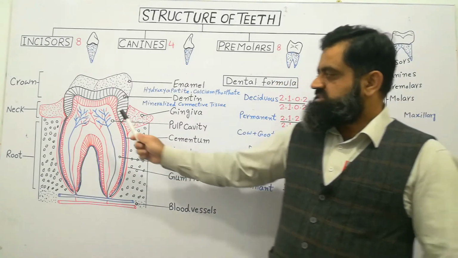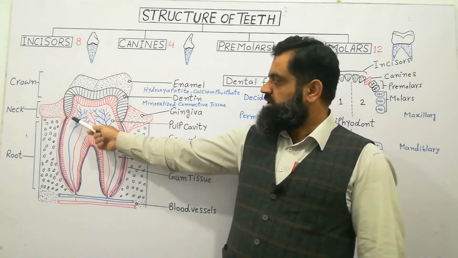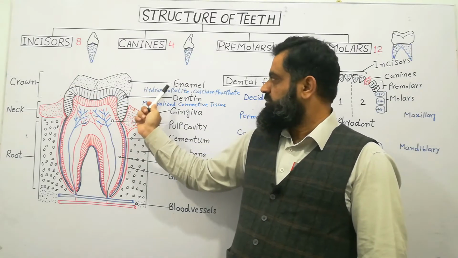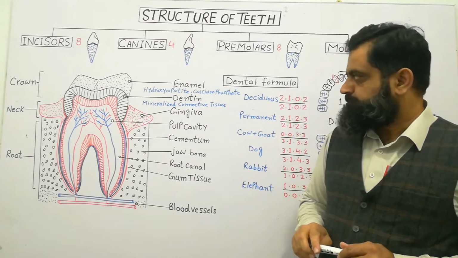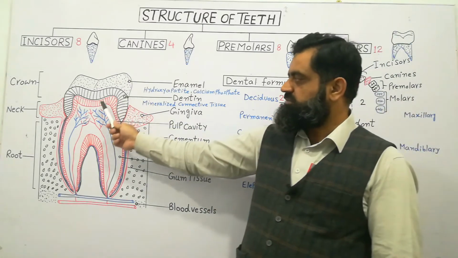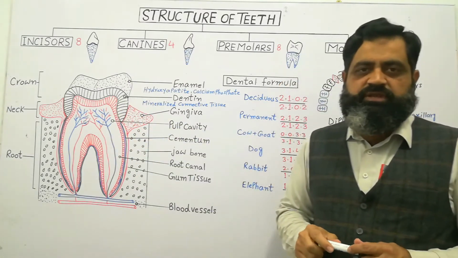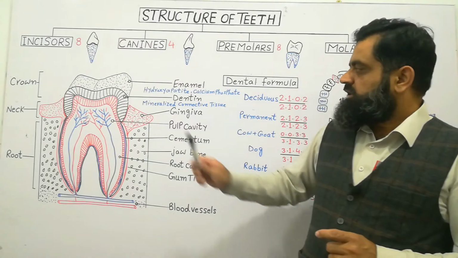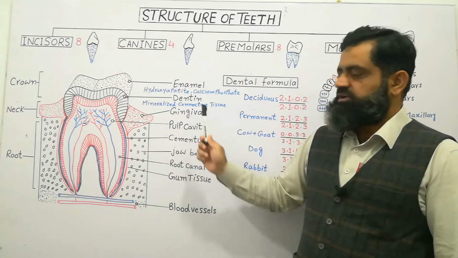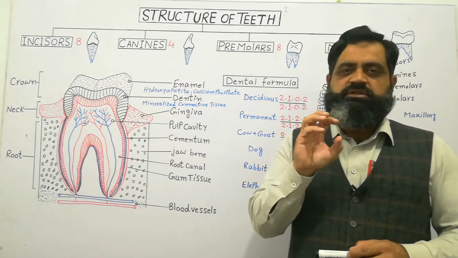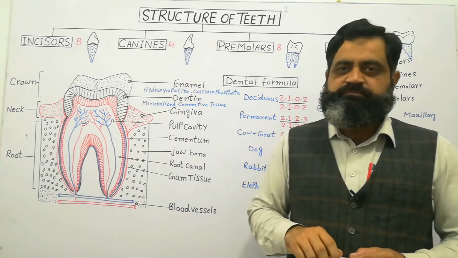So this is the sensitive part of the tooth, while the upper layers cementum, enamel, and dentin are insensitive parts of the tooth. If somehow this part is damaged, we feel very severe pain in the tooth. As you can see in the diagram, this red area is known as gingiva, which is the tissue of our gums.